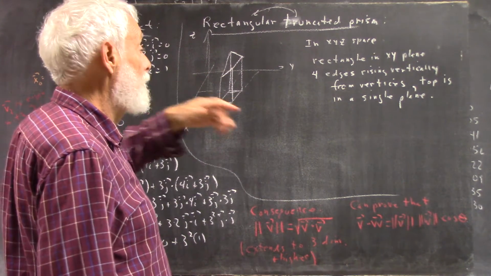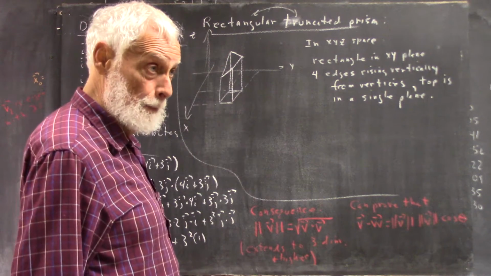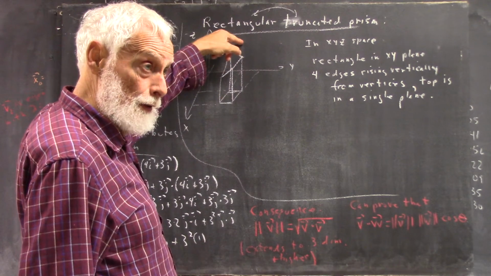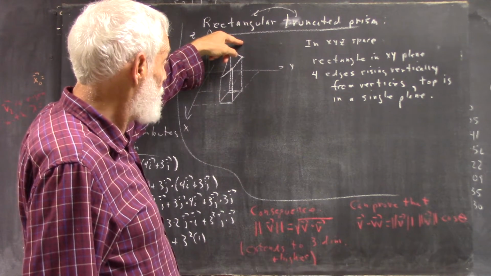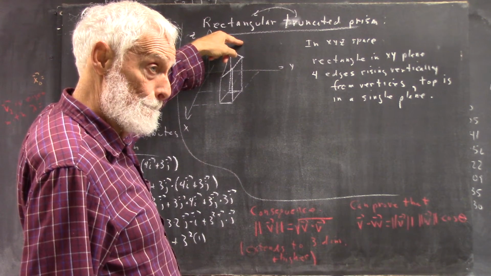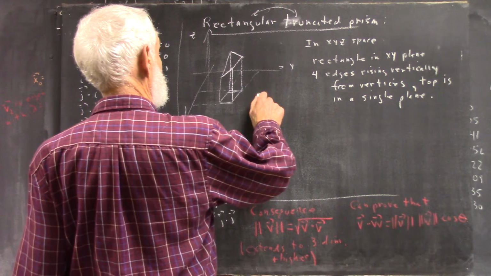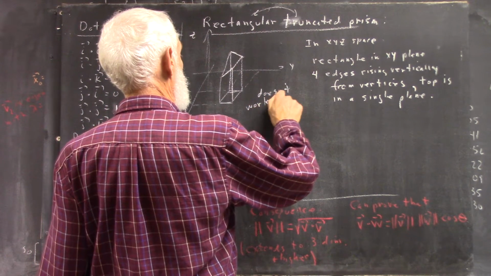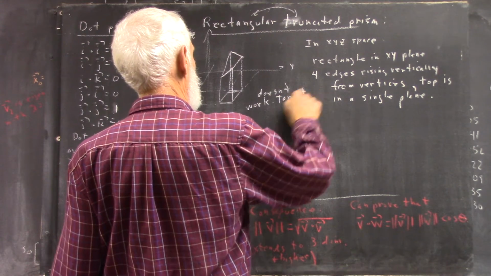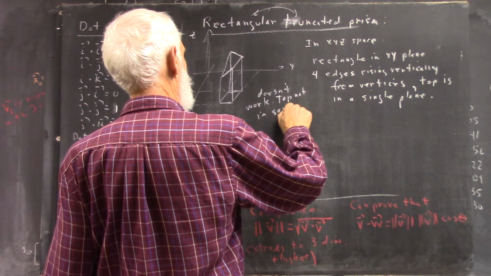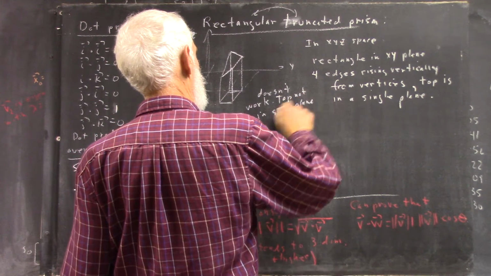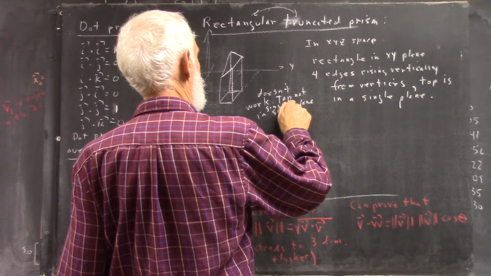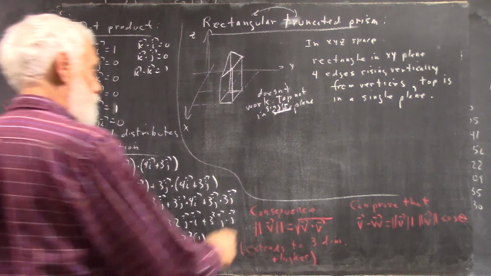Basically, the top's in a single plane if you've got a parallelogram up here. But this isn't parallel to this, and this isn't parallel to this. So what could I do to adjust that? I should say a single plane. Okay, well, let's try it again.